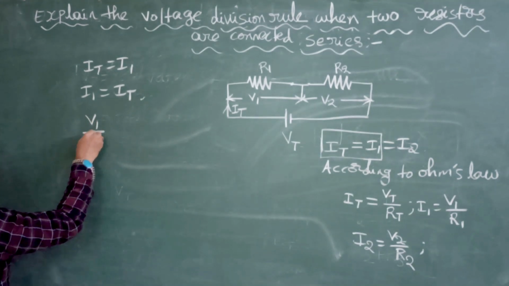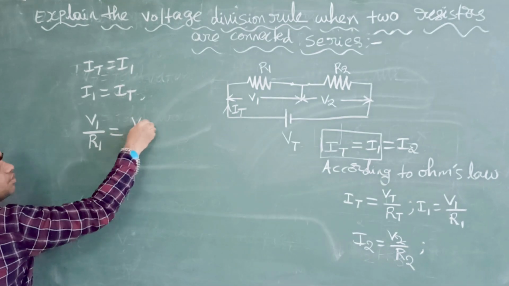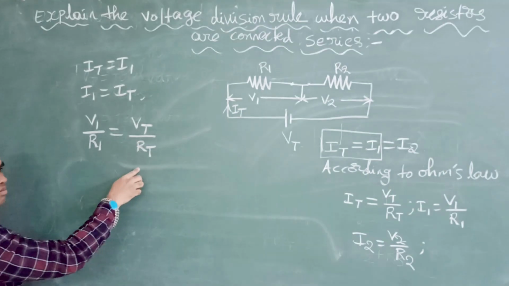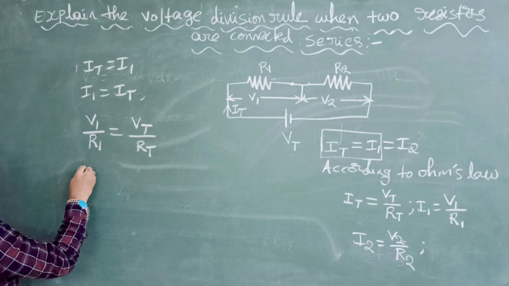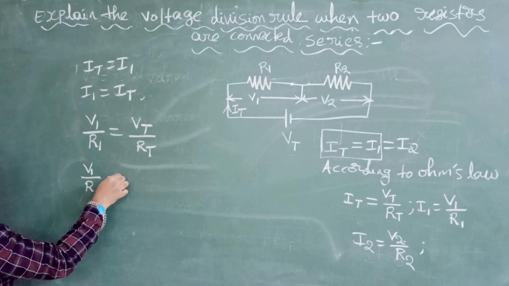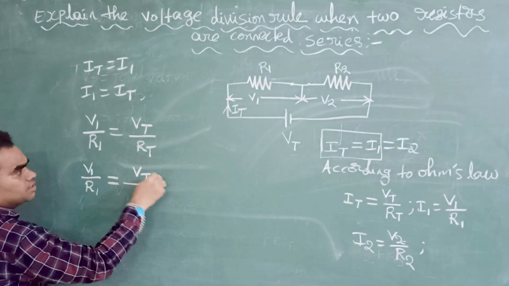V1 by R1 is equal to It, which is equal to Vt by RT. So V1 by R1 is equal to Vt by RT.